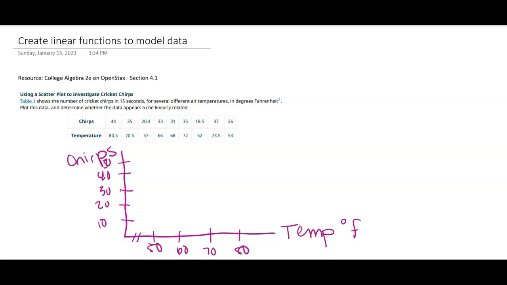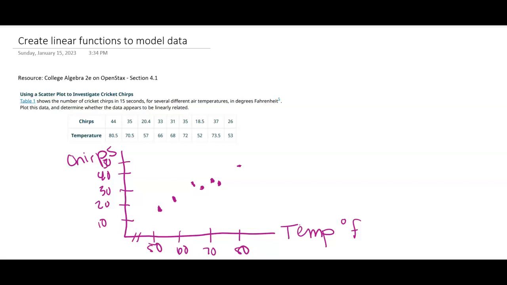All right, 44 and a little bigger than 80, 35 and a little bigger than 70, 20, 57, 33, 66, 31, 68, 35, 72, 18.5 and 52, 37 and 73.5.